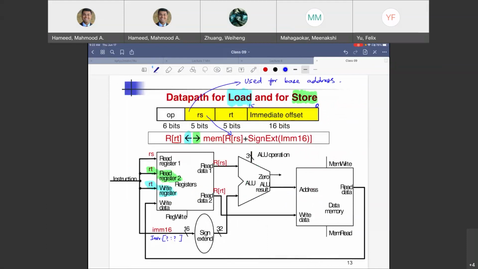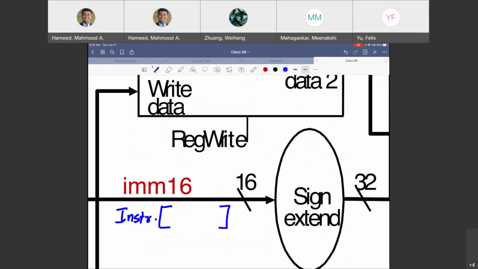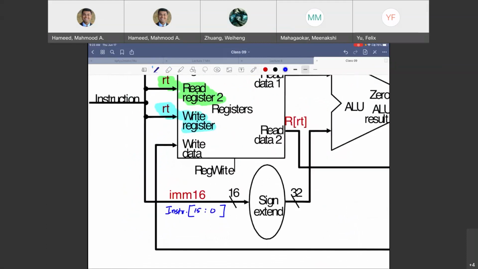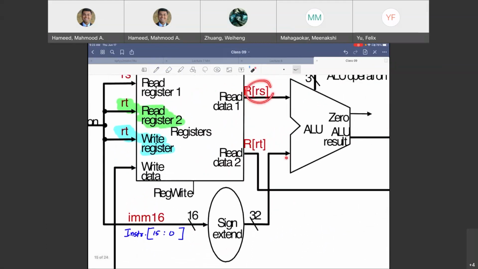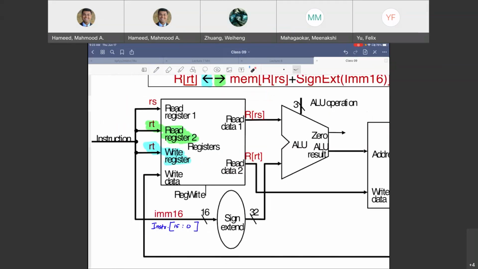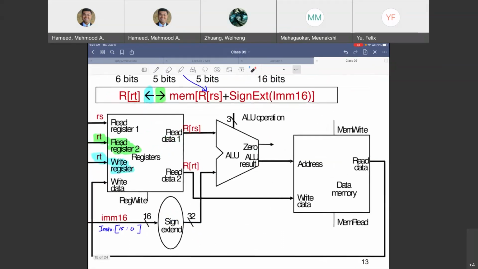Zero to 15? Yeah? Take that part of the instruction, sign extended to 32 bits, add it to the RS, because RS has base address. Base plus offset, what did you get?